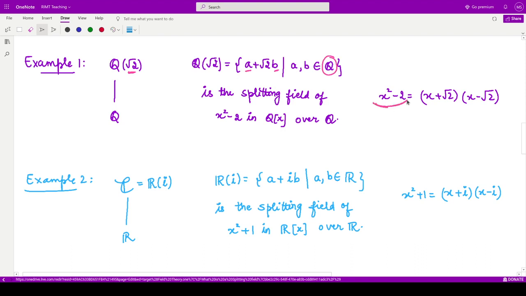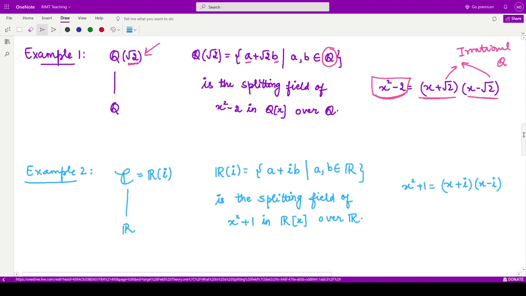This is because you can write x square minus 2 as the product of two polynomials of this kind, where the coefficients square root 2 and minus square root 2 are irrational numbers and they are not present in Q. If they are not present in Q, that means we would go and look for some other extension field. So it would be of this kind, and so all the rational numbers where square root 2 has been adjoined forms the splitting field of this particular polynomial.